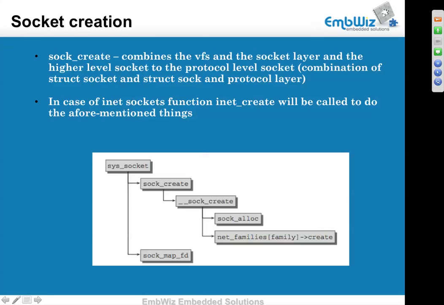If you take the inet socket, this particular function inet_create will do this entire thing. It will combine the kernel socket and the protocol layer socket. The file system and socket will be connected by the higher level kernel socket code.